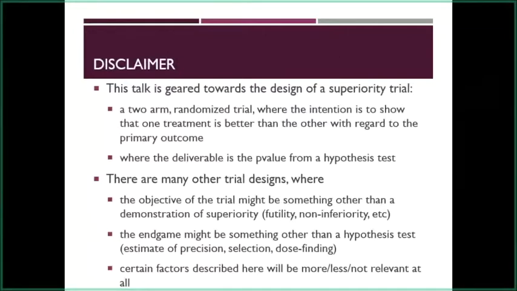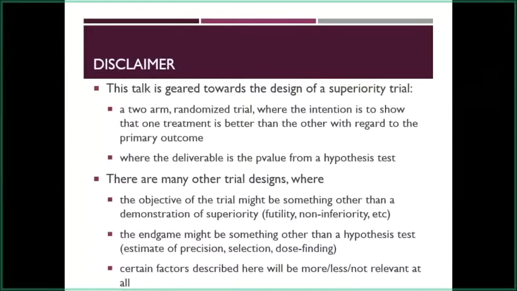You might be looking for an estimate of precision associated with the outcome that you've chosen, or you might be trying to find a region of doses where the intervention is actually doing something. And in those cases, for some of these other trial designs, some of the factors that we're going to talk about here are going to be more or less or not relevant at all.